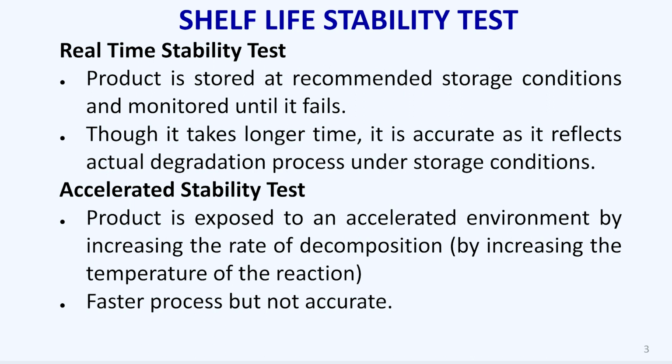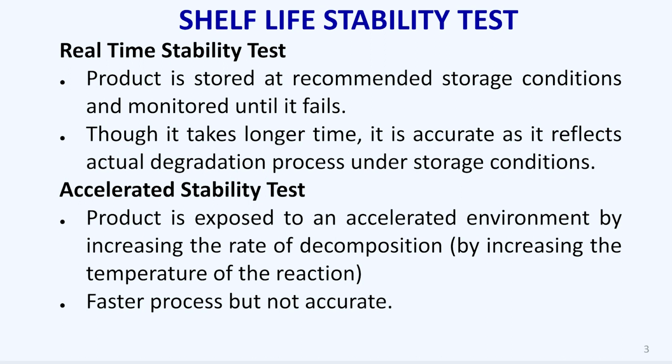This is normally a time consuming process. It takes a longer time, because if the shelf life of a product is, say, 180 days, which is about 6 months, the stability test takes a lot of time. It varies from one product to another.